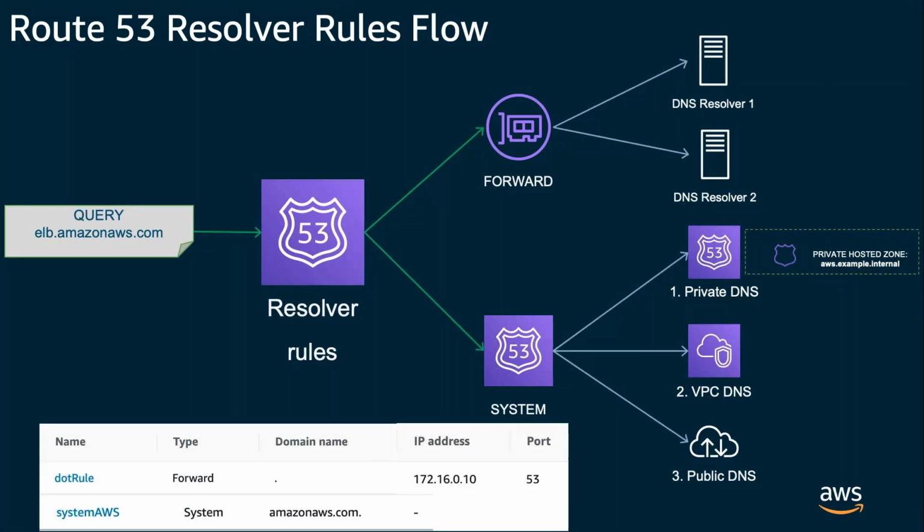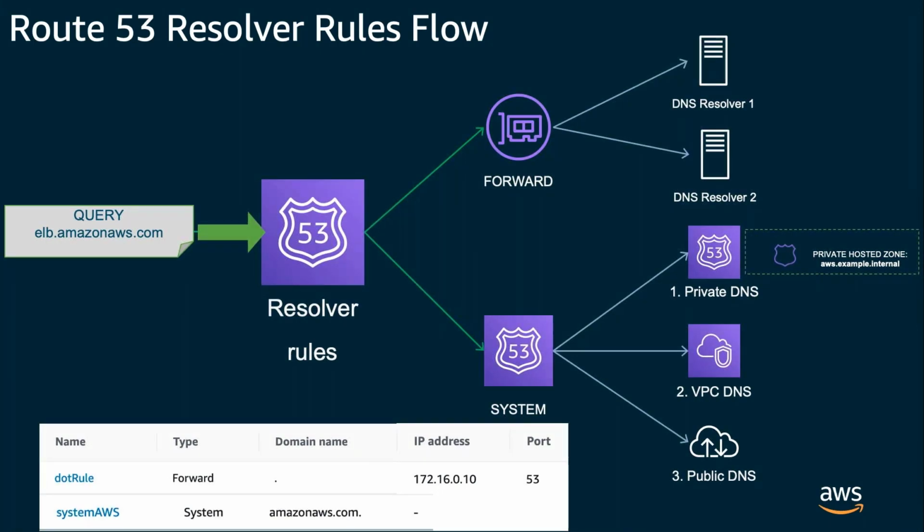So as a best practice, we'd really recommend if you do a dot rule and want to forward everything to an external DNS service, to at the very least have a rule for AmazonAWS.com. And what this will essentially do, because it's a system rule, is it tells the Route 53 resolver to override its forward rule and resolve this traffic locally.